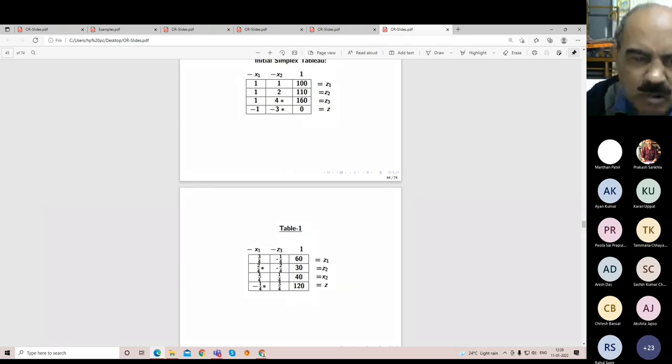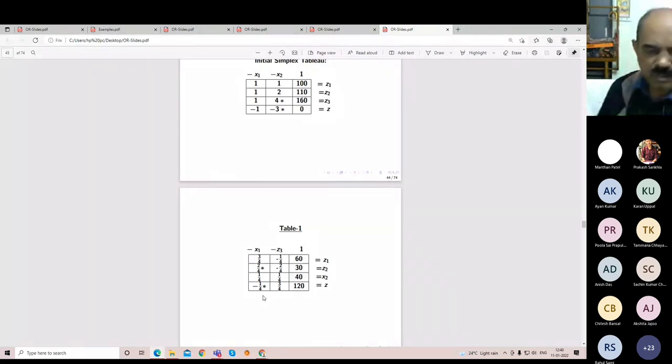The next element you already computed, 1 by 4. Now the fourth row, first column element we want to compute. 4 into minus 1, minus 4, minus 1 into minus 3, minus minus is plus. So minus 4 plus 3, that is minus 1. So this is becoming minus 1 by 4.